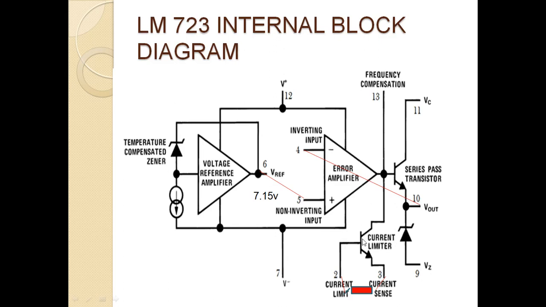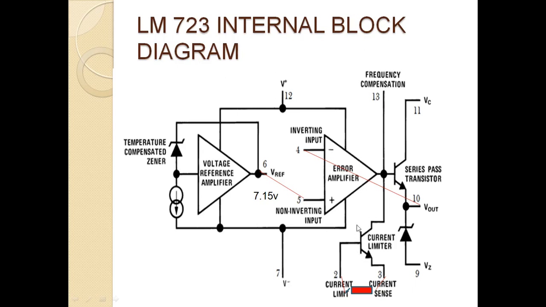This is the current limiting circuit, with the current limiting transistor. It is normally an off transistor, and an external resistor is connected between these two terminals. When the current exceeds the required limit, the voltage drop across this resistor increases, which increases the base voltage of this transistor, so the transistor starts to conduct.